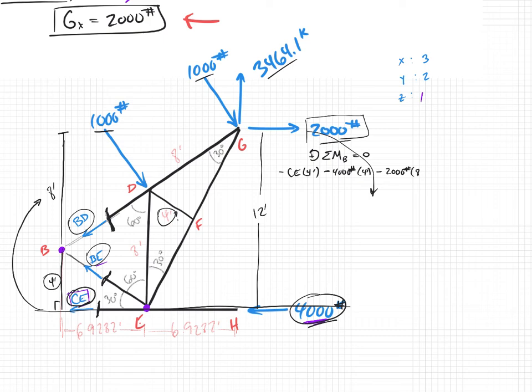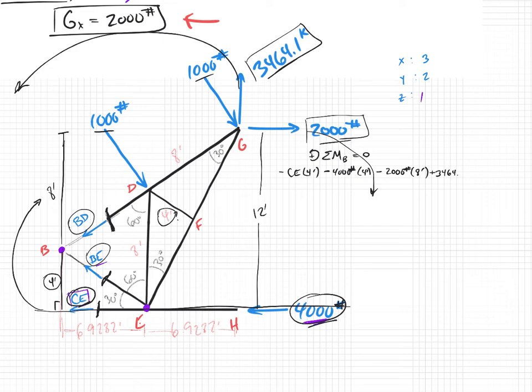So you can start to see why my choice of B was not very inspired, because the geometry is a little bit more complicated. Then let's do this one. That one's going to cause things to go this way around B, so that's going to be a positive. Maybe that's going to be our only positive.